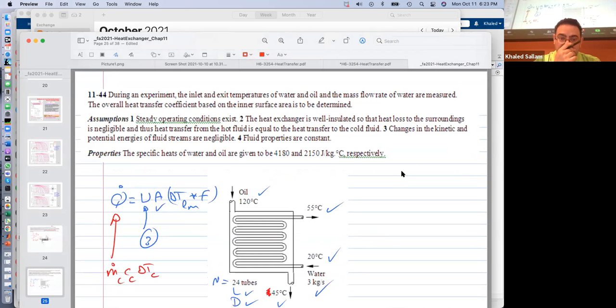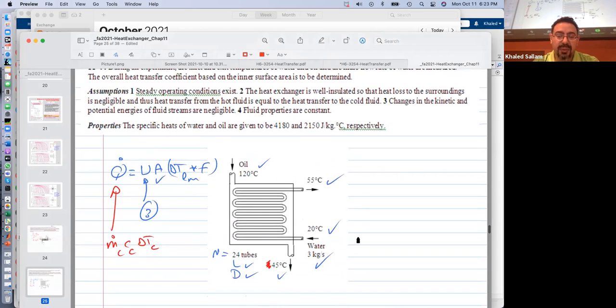Okay. This one, this is a shell and tube. Okay. And I guess what's important in this guy is to realize where is the delta T. This would be the delta T. Because again, at the same port, right?